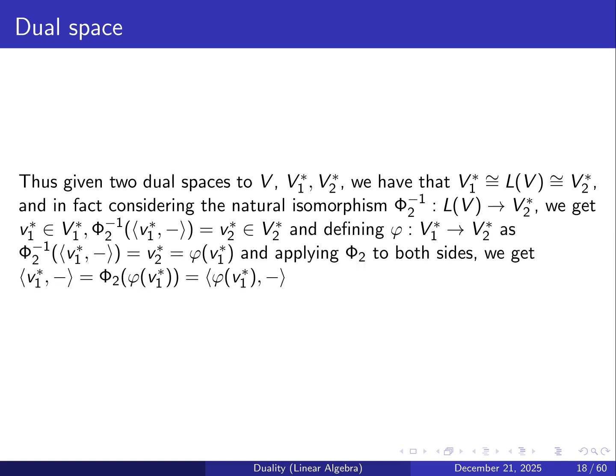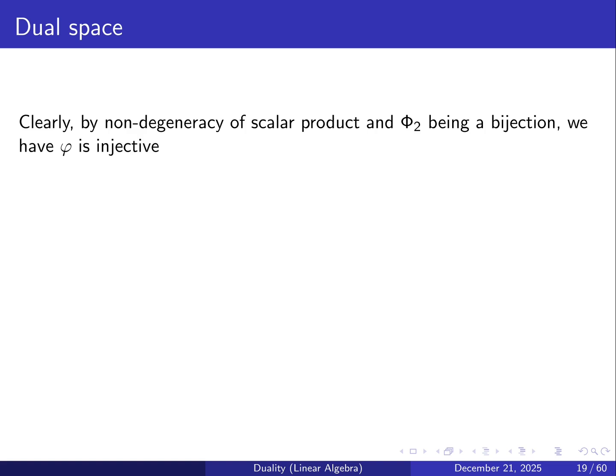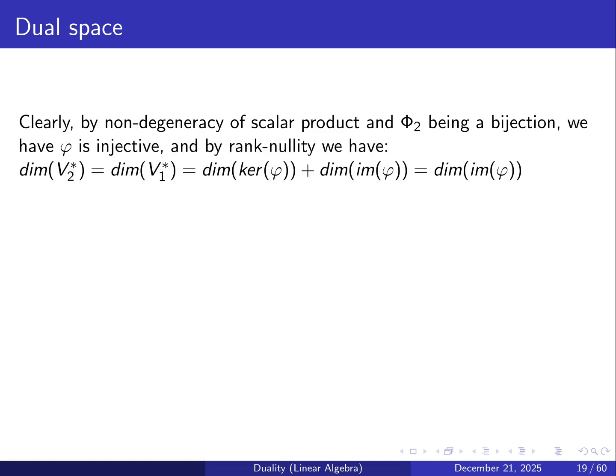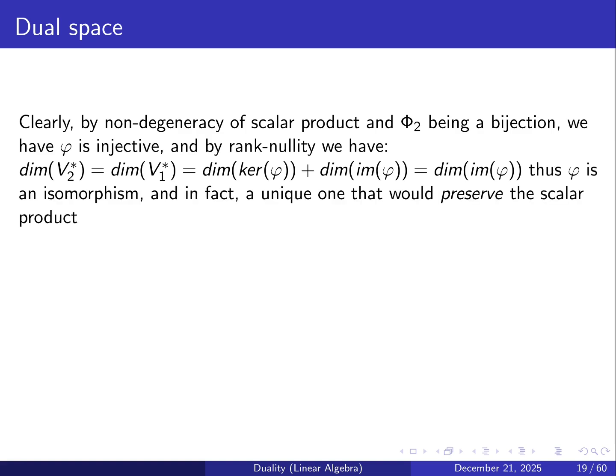Defining small phi from V1 star to V2 star as that vector, and applying the natural isomorphism to both sides, we get that the induced form by V1 star is equal to the induced form by small phi of V1 star. Clearly, by non-degeneracy of the scalar product and the natural isomorphism being a bijection, small phi is injective, and by the rank-nullity theorem it's surjective. Thus, small phi is an isomorphism, and in fact a unique one that preserves the scalar product.